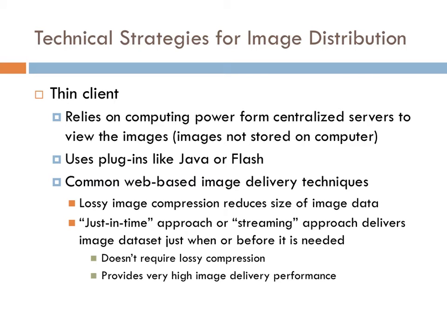Lossy image compression reduces the size of image data. And also the web-based image delivery technique has a just-in-time approach or real-time streaming approach, and it delivers image data sets just when or before it is needed. It doesn't require lossy compression, and it provides high image delivery performance.